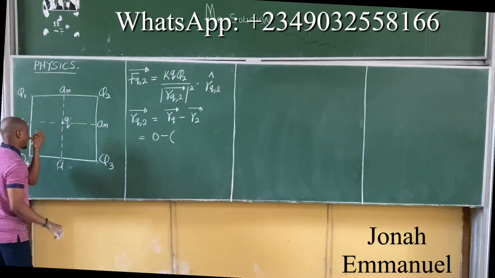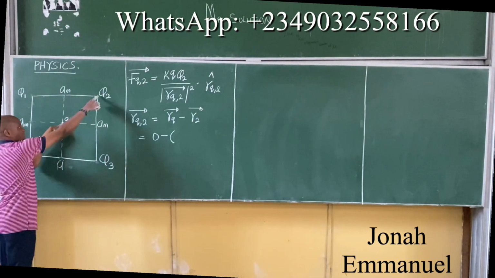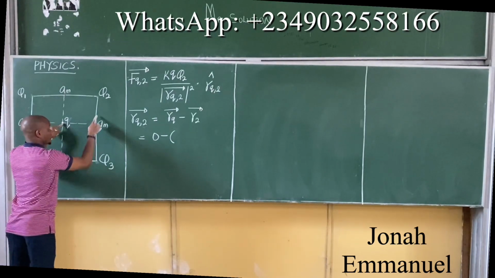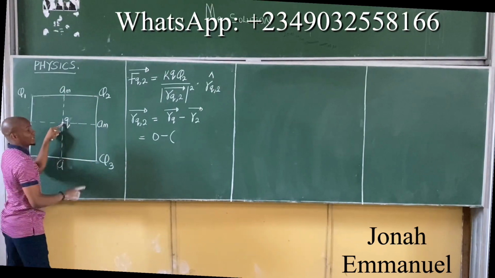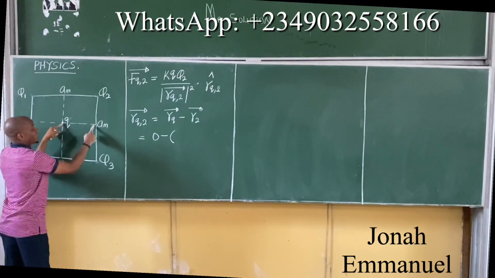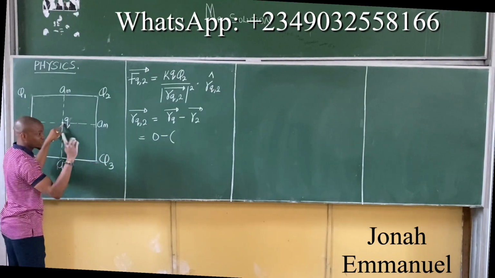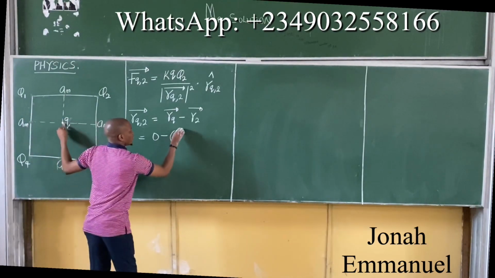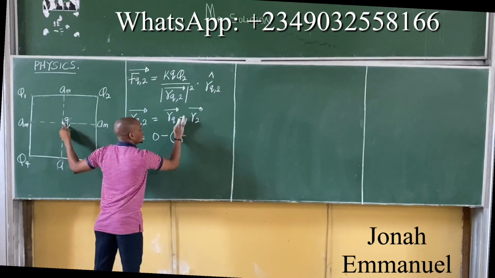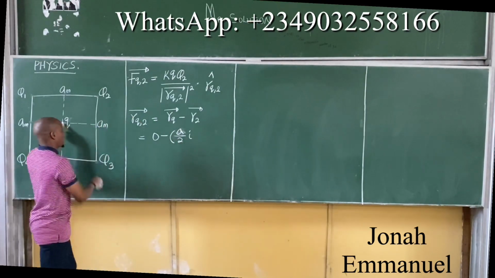So here's my task. Here's 0, r2 is here, so I have to move this way and this way. This distance we said is a over 2, that's half of this, it becomes a over 2 i, and going in the positive direction, it becomes plus. So I'm having a over 2 i, of course in meters.